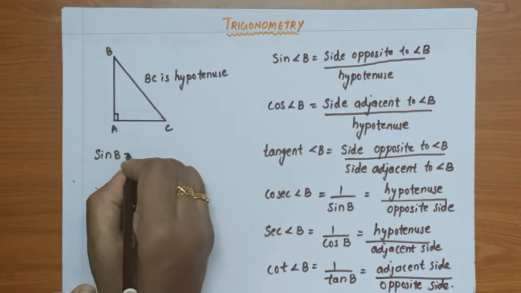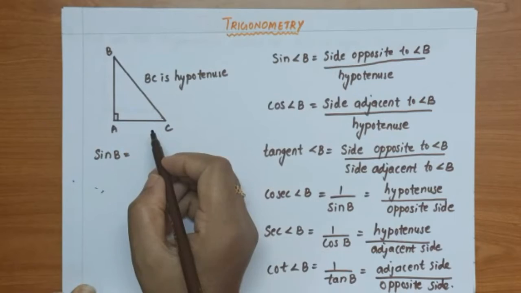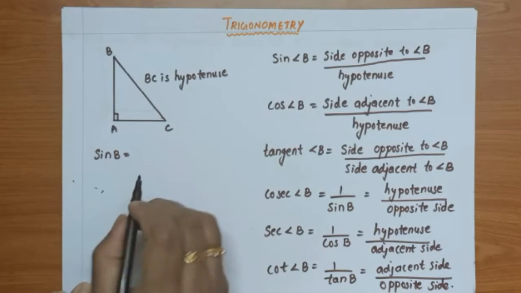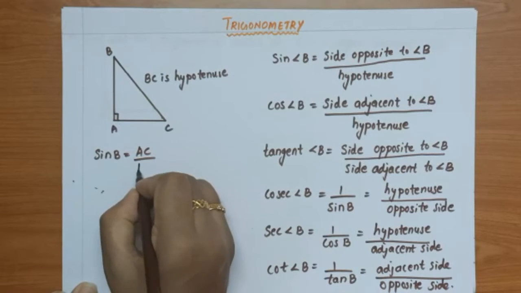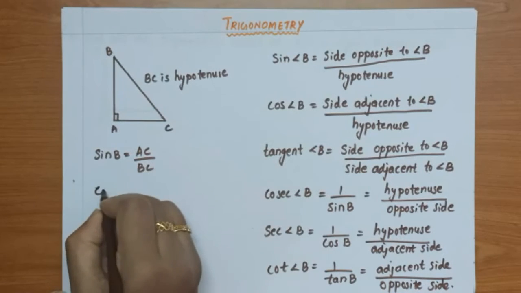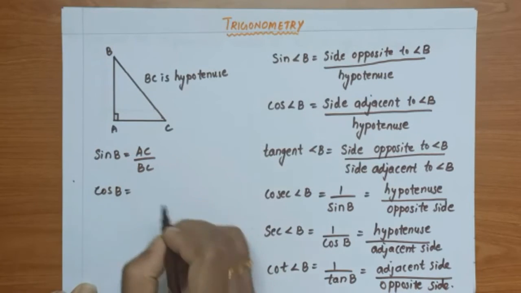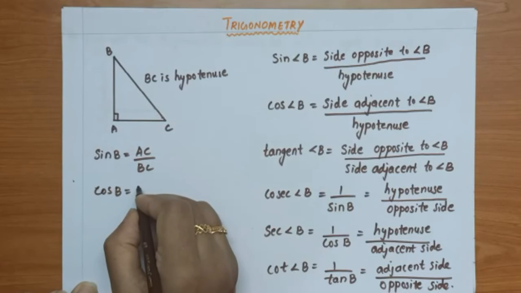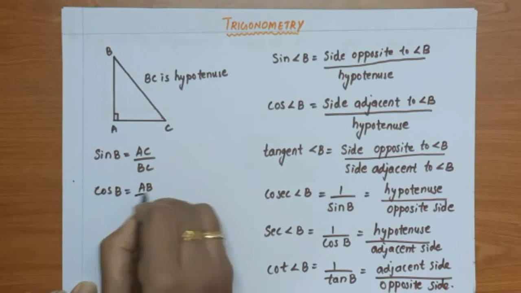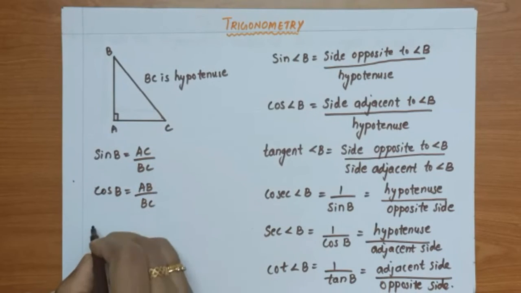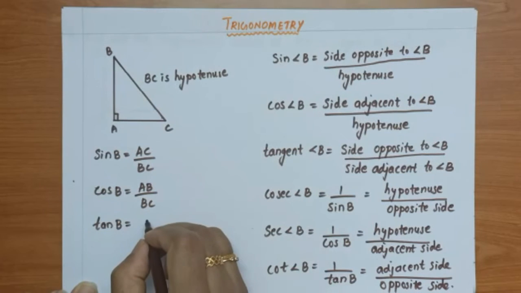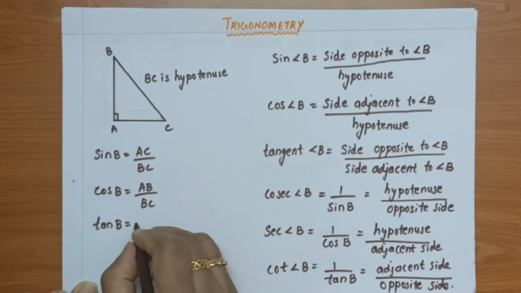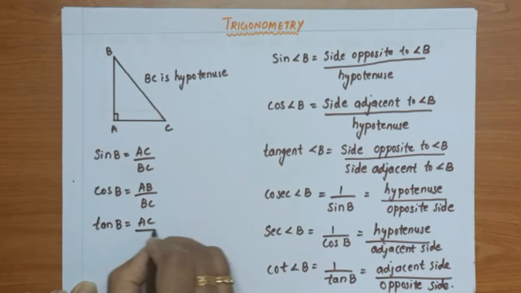So the sides are: sin B equal to opposite side by hypotenuse, that is AC by BC, cos B equal to adjacent side by hypotenuse, so AB by BC, then tan B equal to opposite side by adjacent side, so AC by AB.